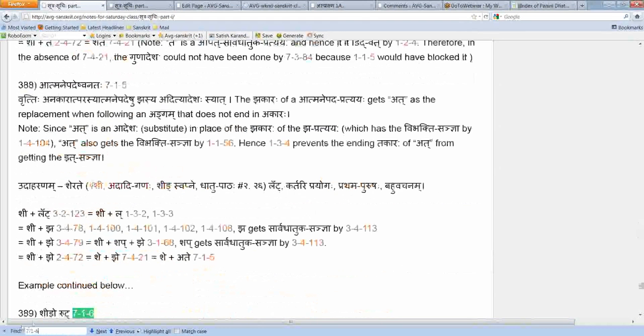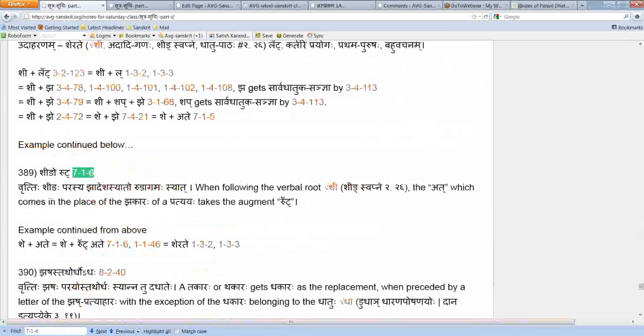Just double check. Shingo Rut says that Shinga parasya jadeshasya ataha rud agamasyat. So if you have the ja, which takes the at adesha, then if it's following this dhatu shing, it takes the rut agamaha. So when you had shi plus ate, it becomes shi rut ate, becomes shirate.